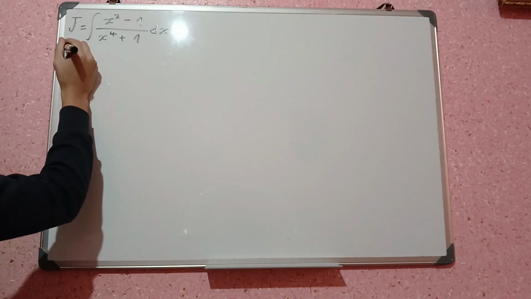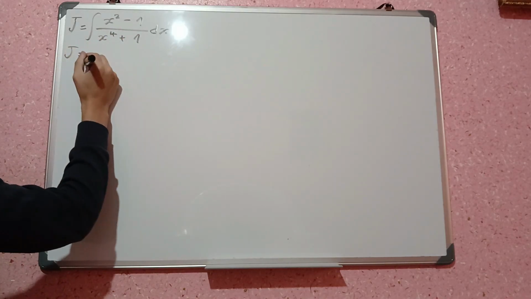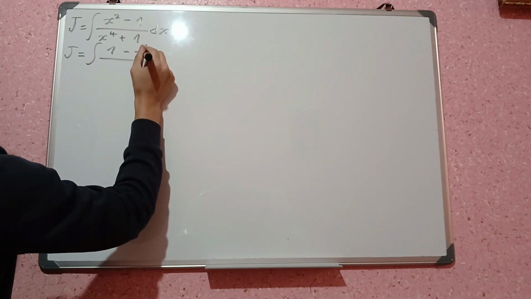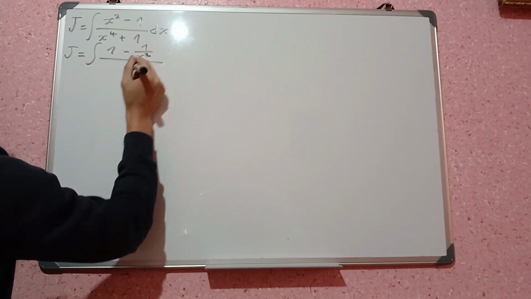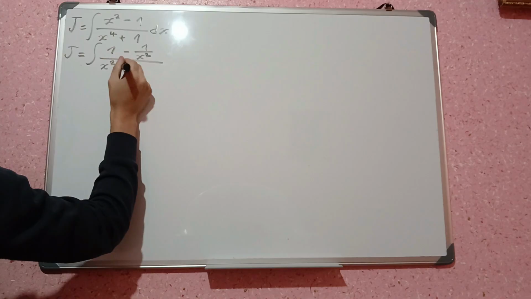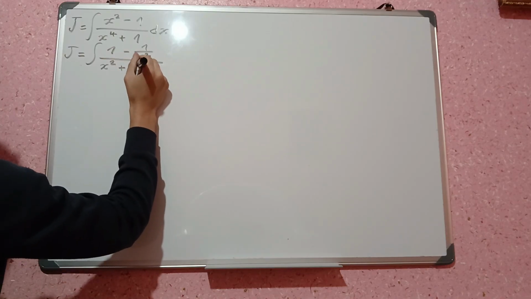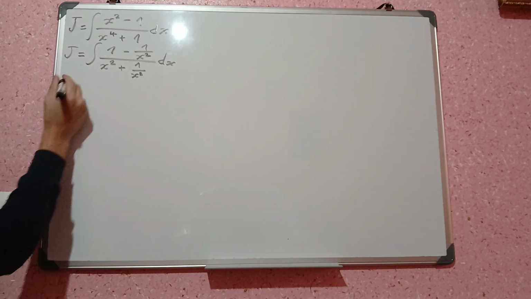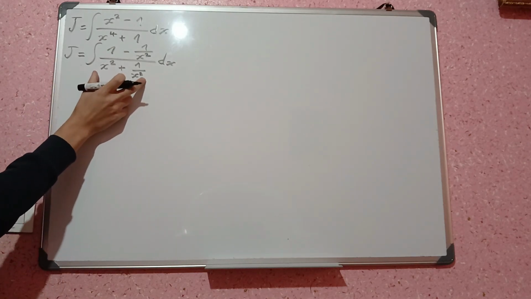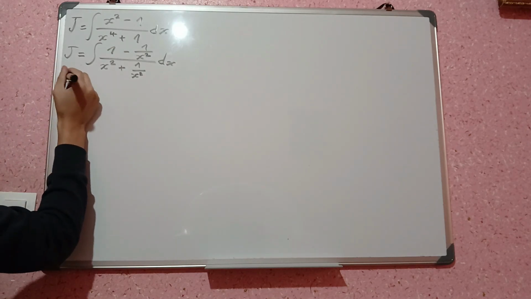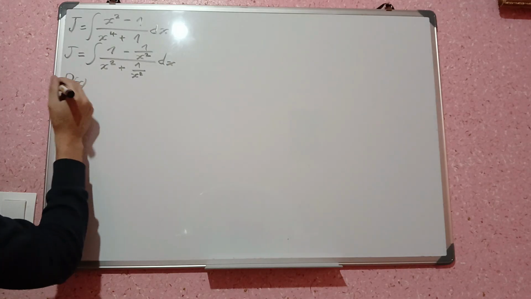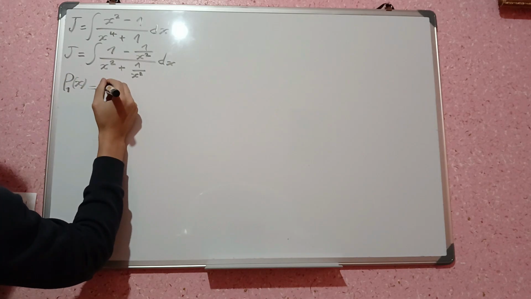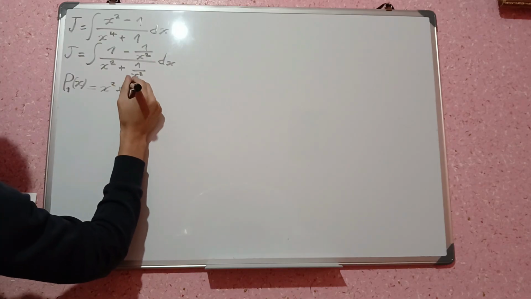Alright, we divide everybody by x squared, so we get 1 minus 1 over x squared over x squared plus 1 over x squared, dx. Now we can complete the square for the denominator. Let's name it p1 of x, which will be equal to x squared plus 1 over x squared.